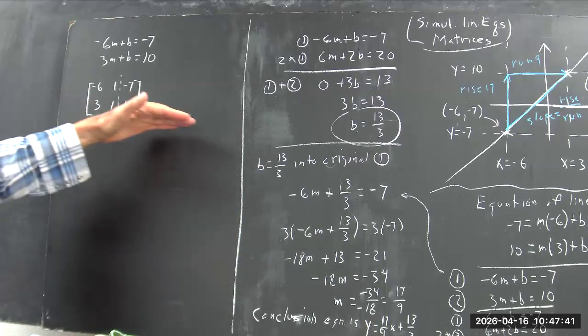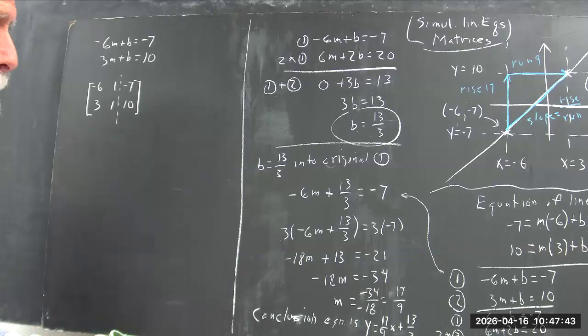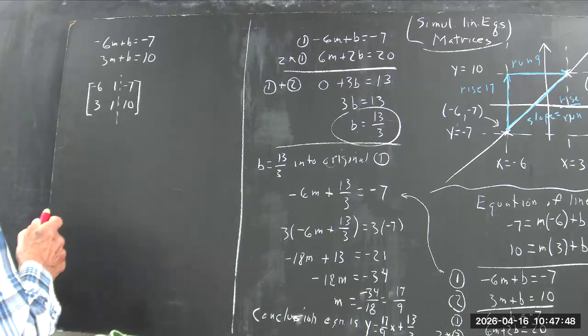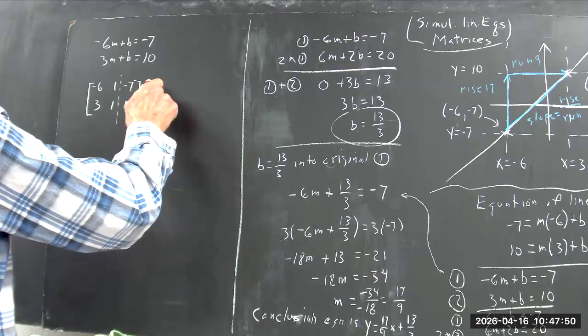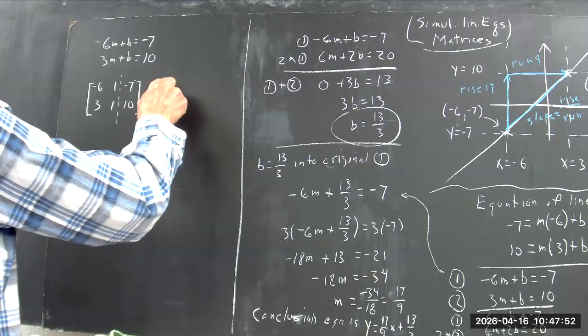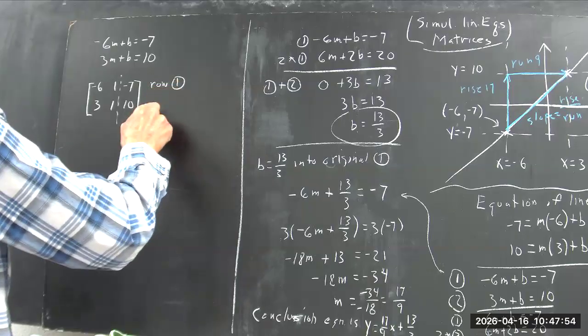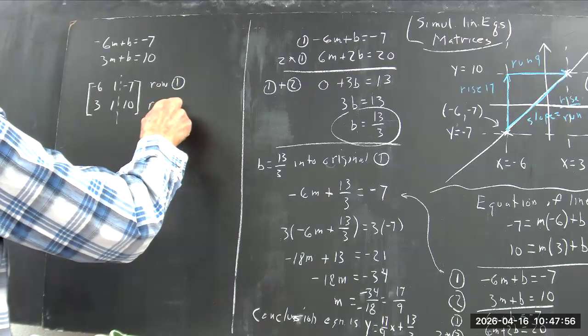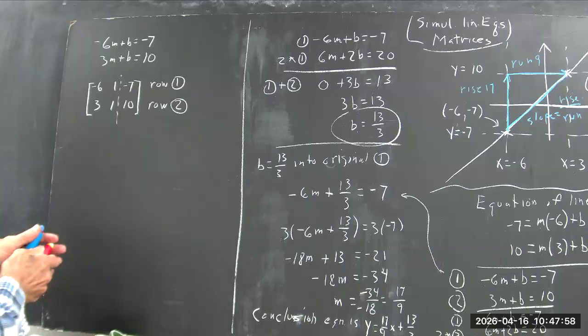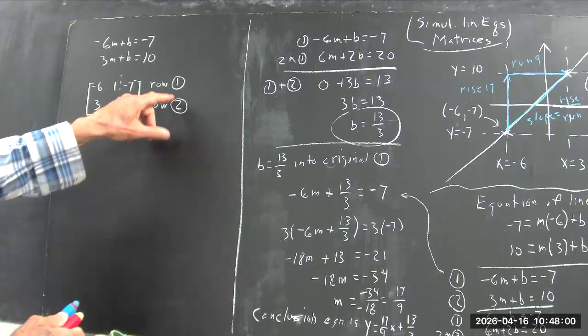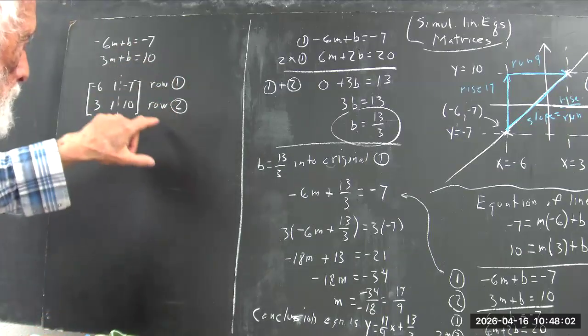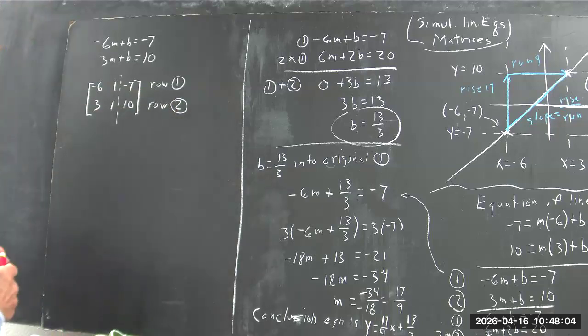The second row is 3, 1, 10, representing the numbers in the second equation. So I'm labeling the rows, row 1, row 2, and I'm putting a circle around the 1. So I have row, circle 1, row, circle 2.